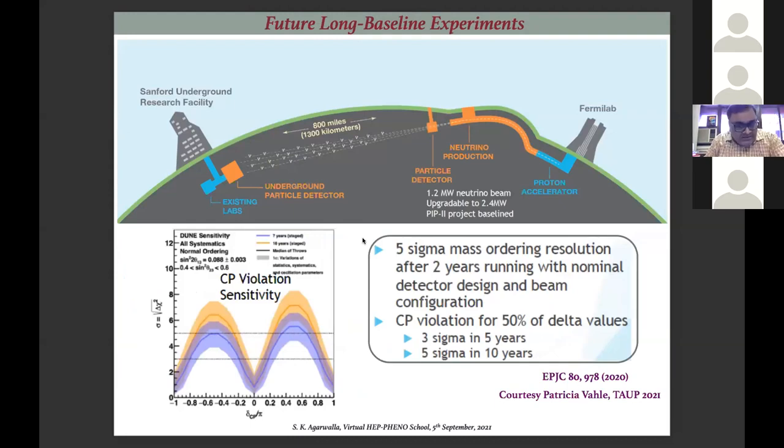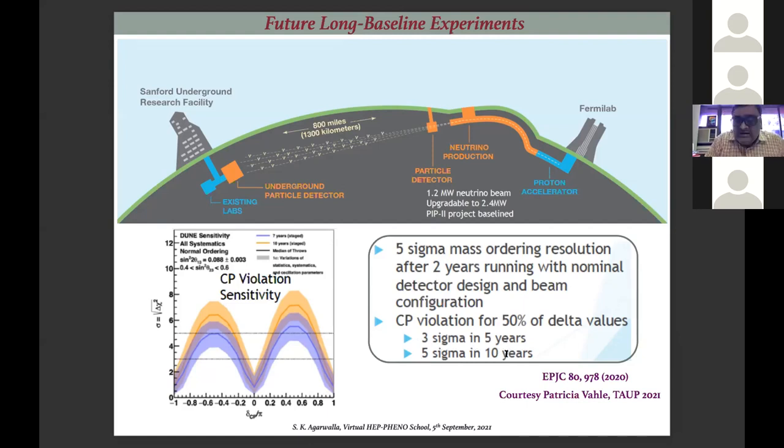From their analysis, they have convinced us that when this experiment comes online and they shoot a beam from Fermilab to South Dakota with a baseline of 1300 kilometers with a wide band beam, they can assure us that they will see CP violation for 50% values of the CP choices at 3 sigma confidence level in 5 years and at 5 sigma confidence level in 10 years.